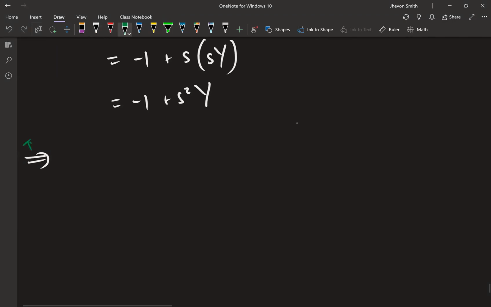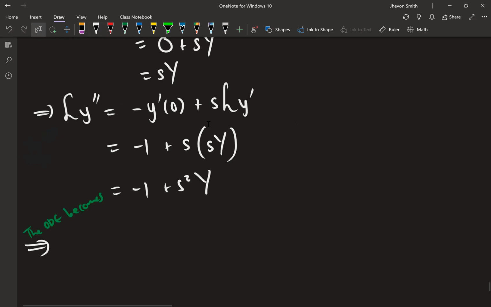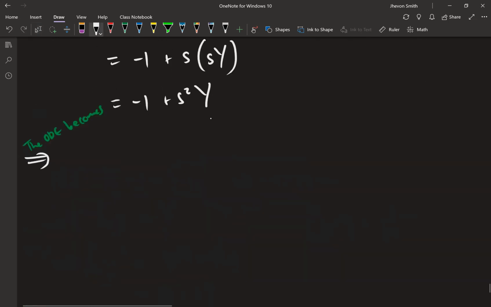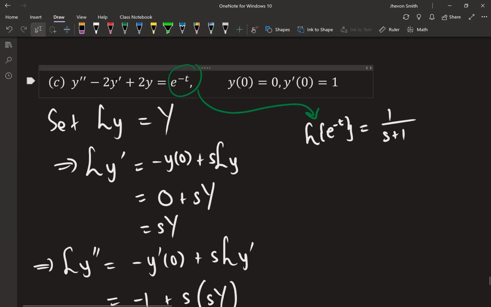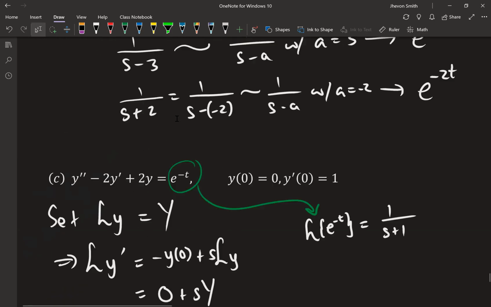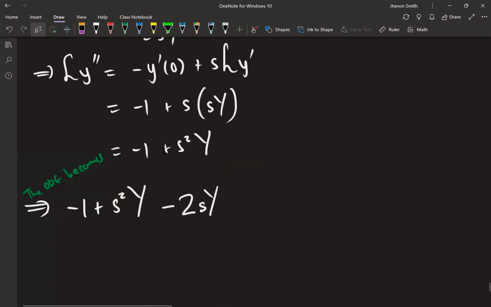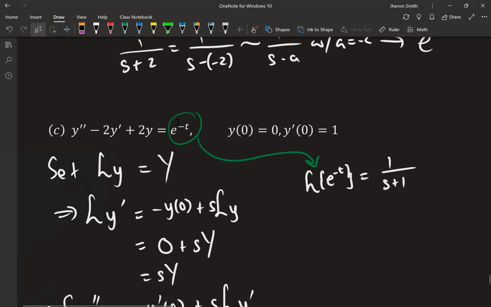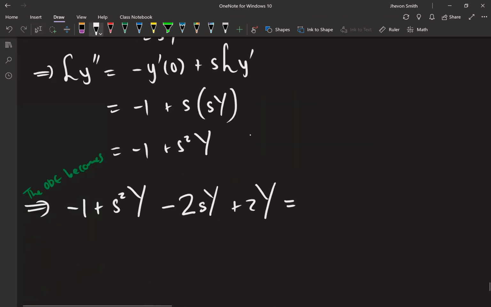The ODE becomes Y double prime, minus 1 plus s squared big Y. Then we would have minus 2 times y prime, so I'm going to take minus 2 times this, minus 2sY. Then I have 2y, so that's just plus 2 big Y equals this guy, which is 1 over s plus 1.